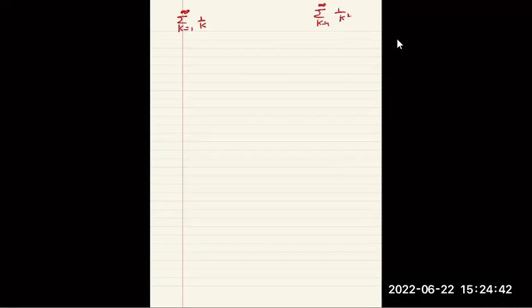Now let's compute the limit as k goes to infinity of a_{k+1} divided by a_k for this first series and for the second series. All right.